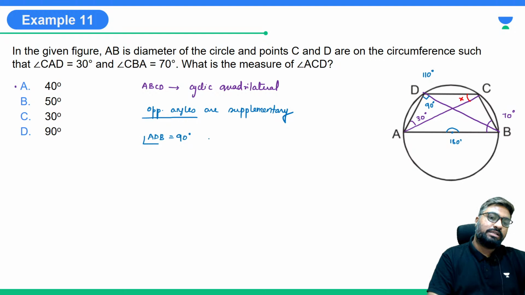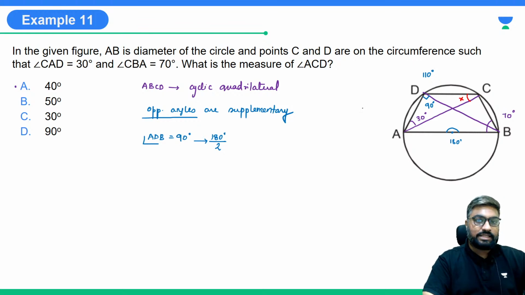Why? Because half of 180 degrees. Okay? Getting this? Theta and 2 times theta. If this is 90, then automatically this will be 20.